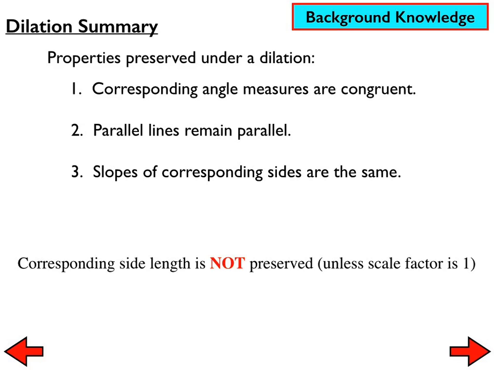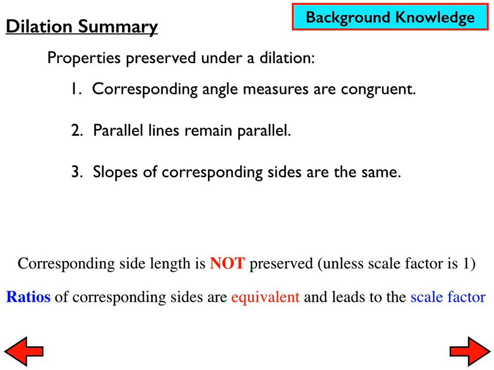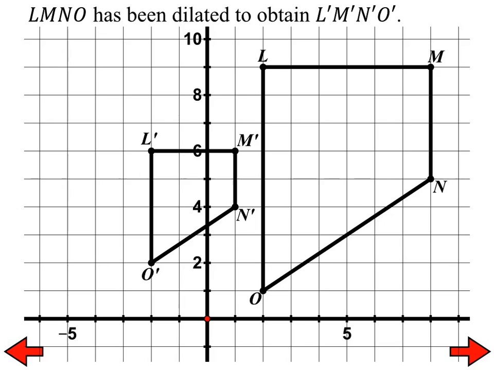Slopes of corresponding sides are the same, but corresponding side length is not preserved unless the scale factor happens to be 1. And that when we use the ratios of the corresponding sides, that leads us, if they're equivalent, to the scale factor.